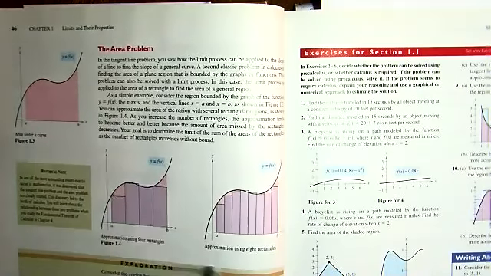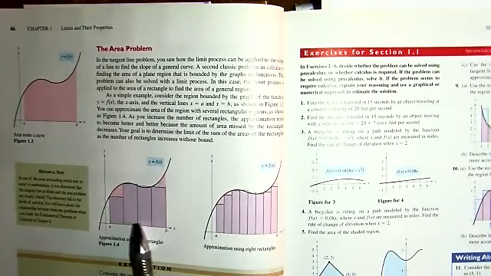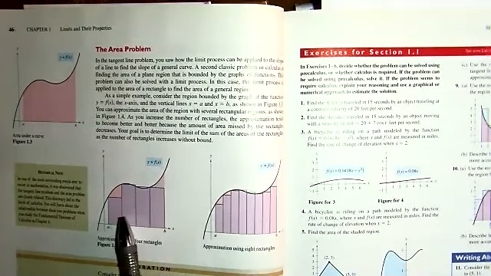Even back then, you saw these pictures, and we just glanced at them as we went by, but this is a hint of where we're headed with the idea of integration.